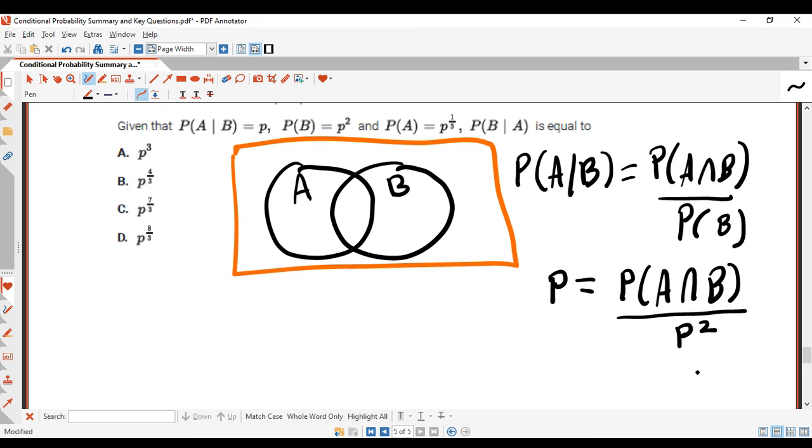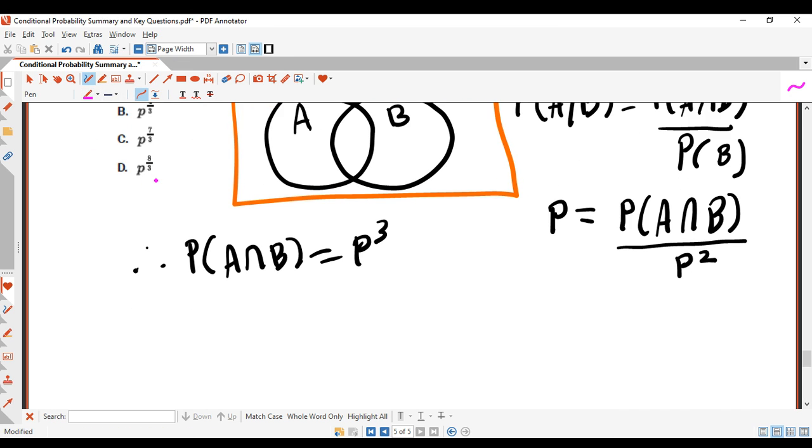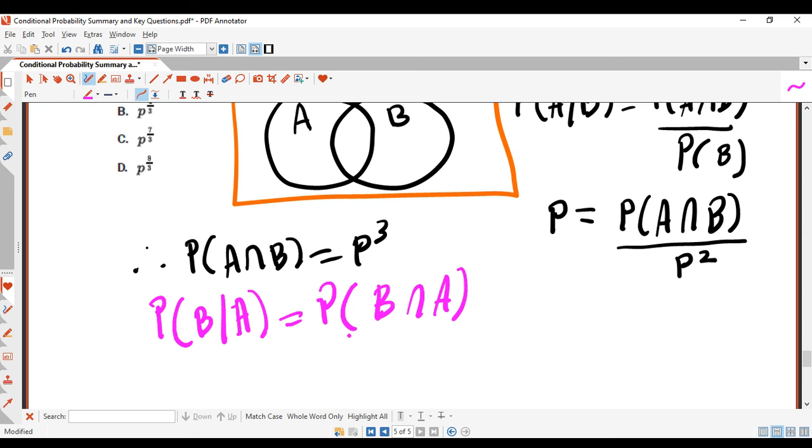Okay, so then I can work out that the probability of A intersect B is P cubed. Now, the question asked me to find the probability of B given A. Okay, so I'm going to write the formula down for that. Right, the probability of B given A is the probability of B and A, or B intersect A, divided by the probability of A. Okay, now we know what B intersect A is.